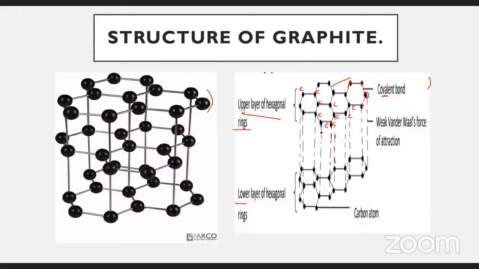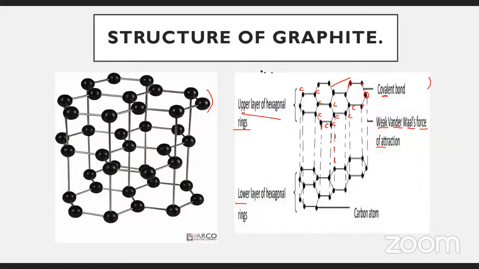It is the layers which are connected by weak van der Waals forces of attraction. We shouldn't confuse that too. Carbon to carbon, it is covalent. Layer to layer, it is weak van der Waals forces of attraction. I hope it is clear. If there are questions concerning that, please feel free to ask.